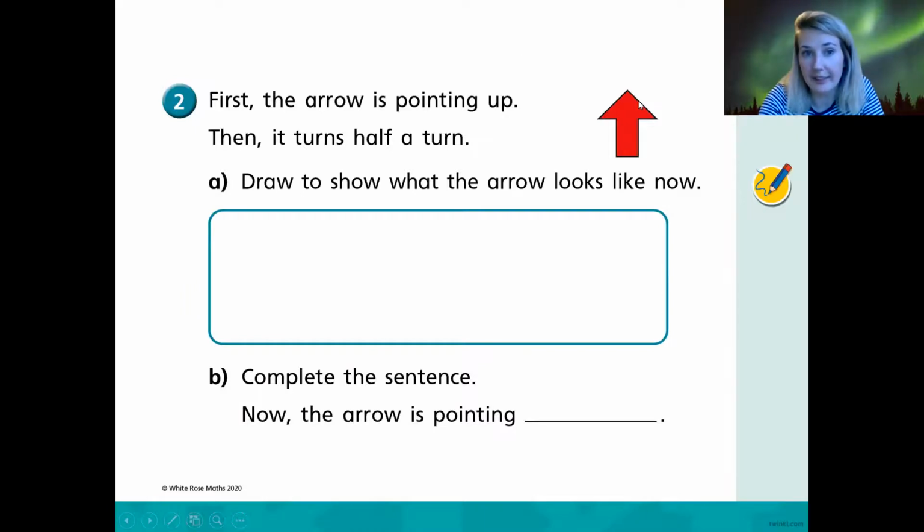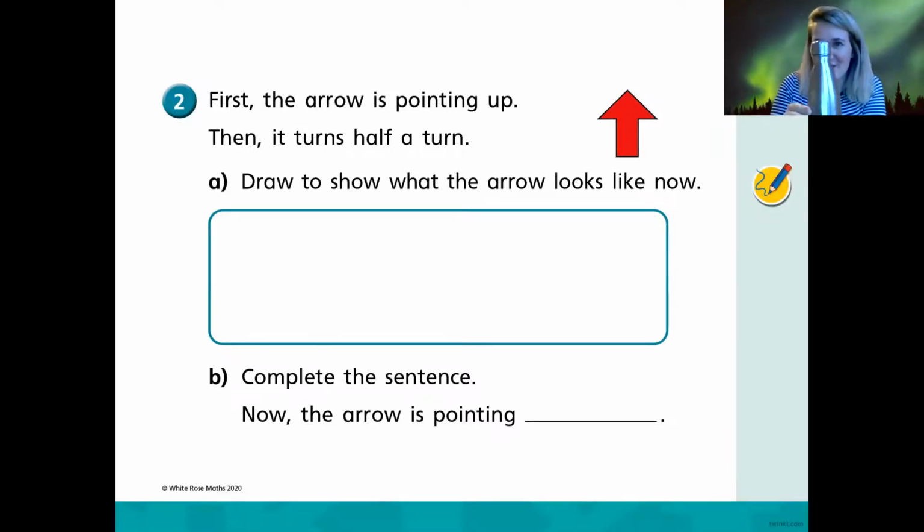Okay, look at this arrow here. First, the arrow is pointing up, and then it turns half a turn. Here you've got the bottle, right? Like the arrow. Imagine that this is the top of the arrow, and it doesn't say whether it's going anti-clockwise or clockwise.